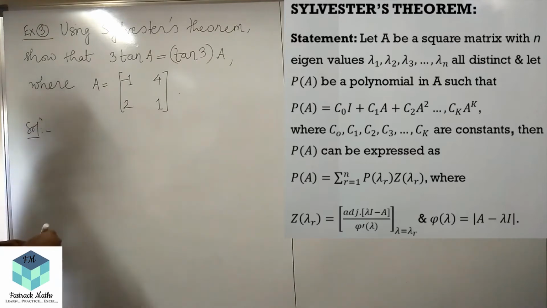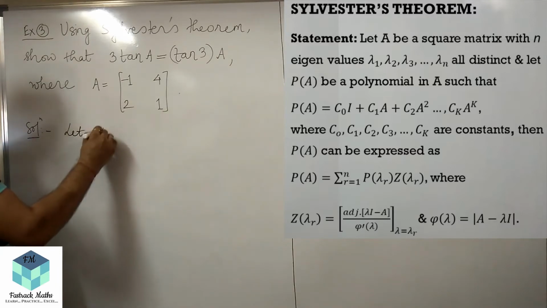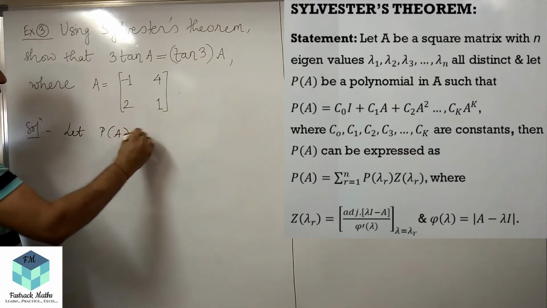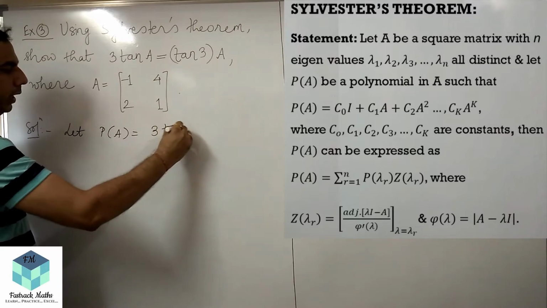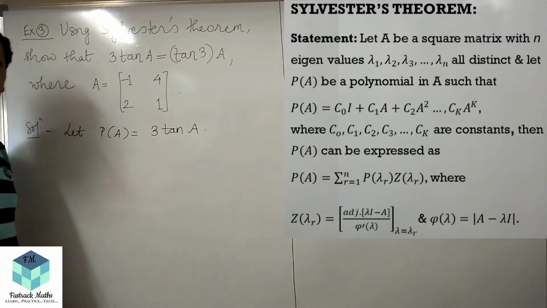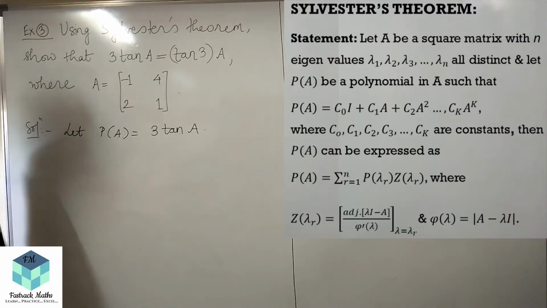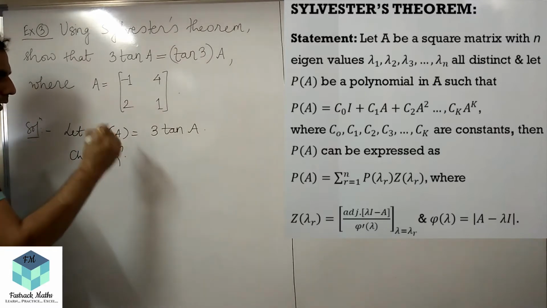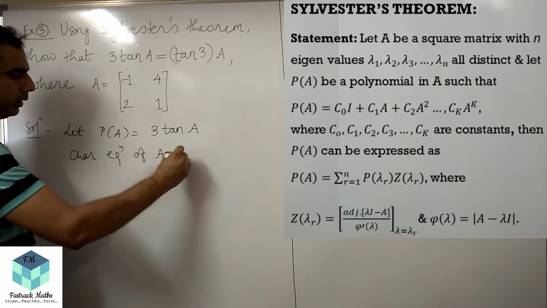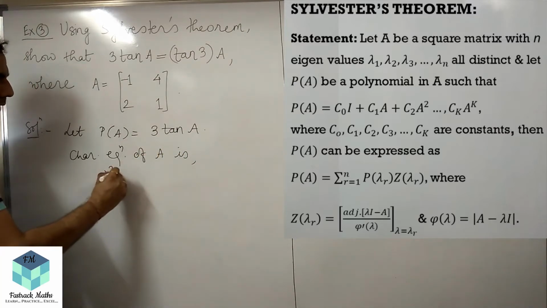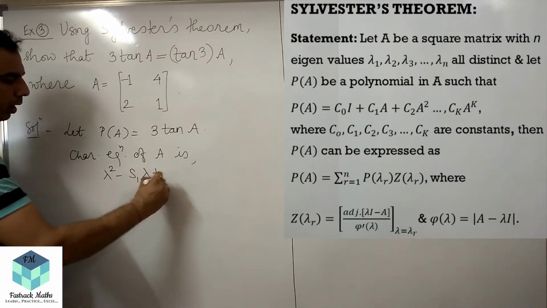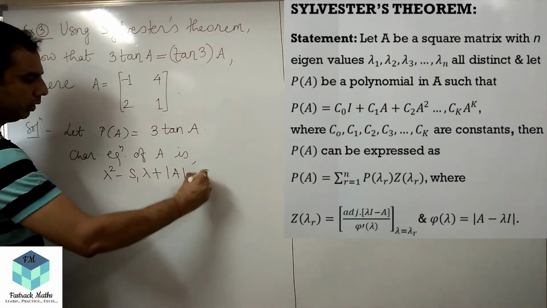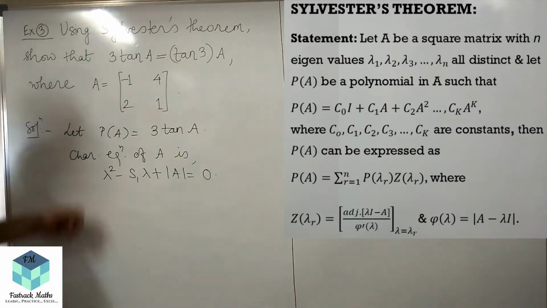Again we start with P of A equal to 3 times tan A, which is a polynomial in A, and then we find the characteristic equation of matrix A. The characteristic equation is lambda square minus S1 lambda plus determinant of A equal to 0.